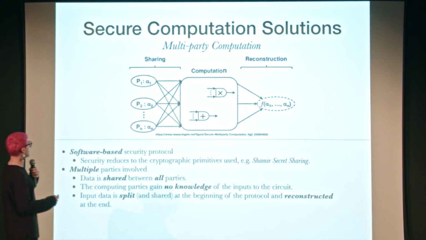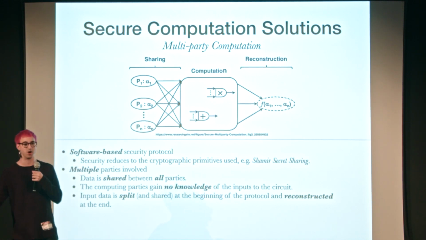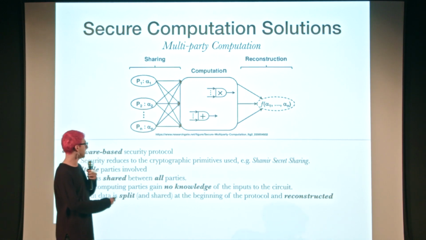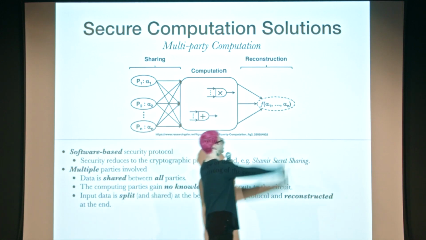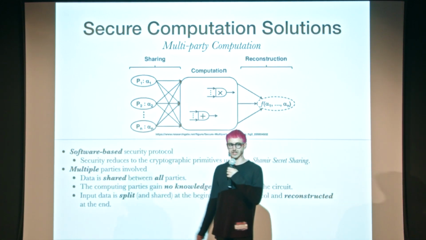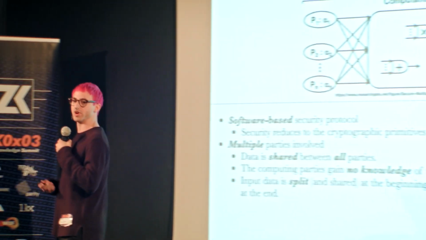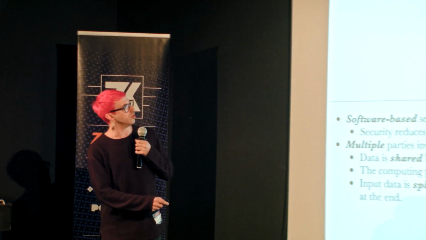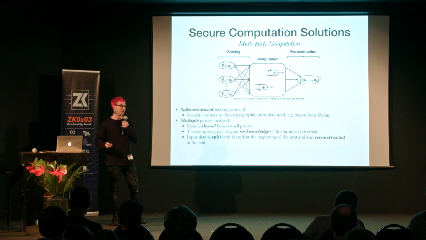The input data in the beginning is split and then shared across all these computing parties, and at the end it's reconstructed by somebody. This is the only point in time when any data is actually leaked. We're not leaking any data during the circuit computation, but whoever reconstructs the output of that circuit will learn some data.